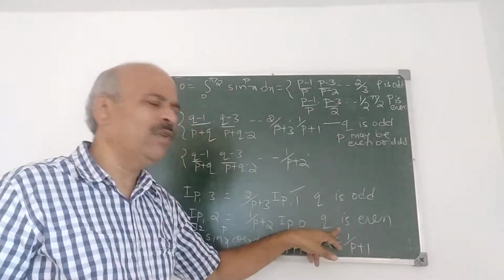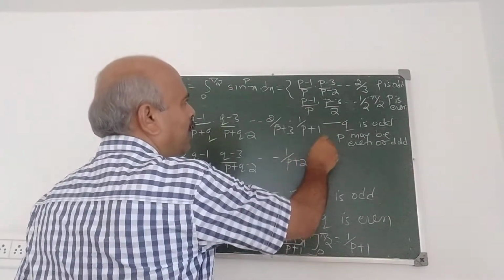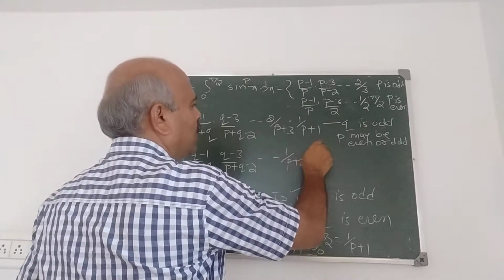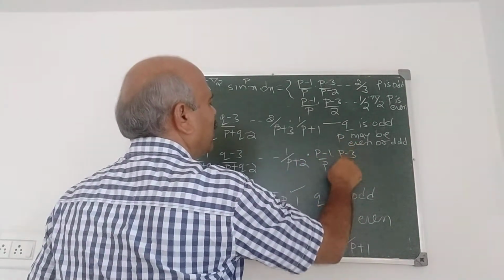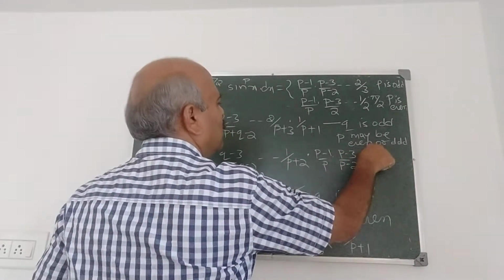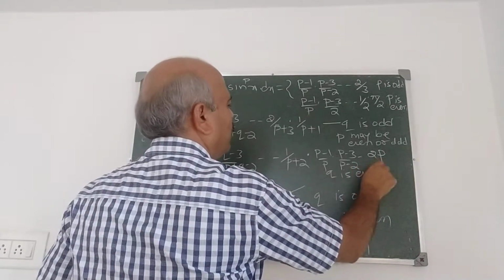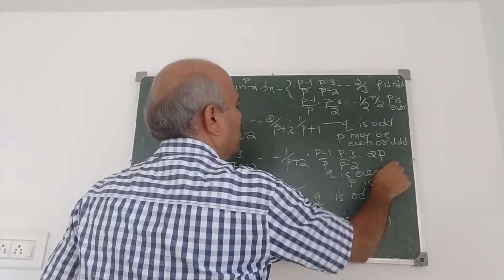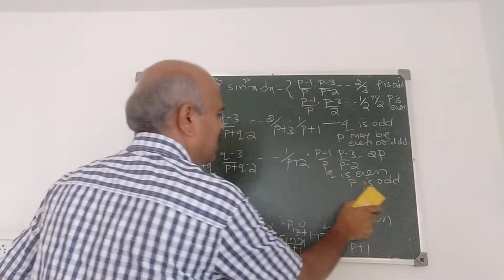Suppose q is even, then what happens? Q is even and I take p is odd. Then what do you get? P minus 1 by p, p minus 3 by p minus 2, into 2 by 3. This is when q is even, p is odd. Next, one more case is left.